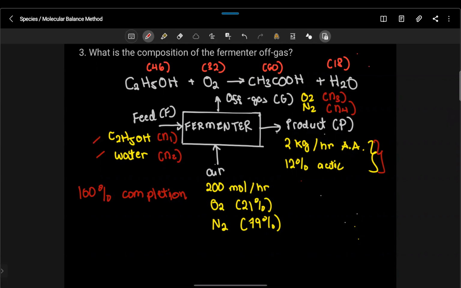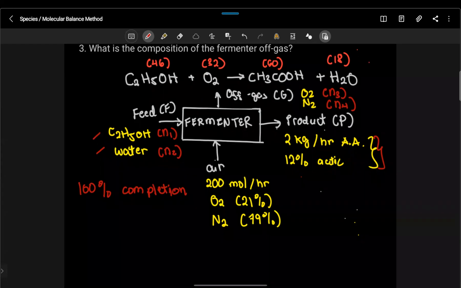So, of course, in reality, kapag ginamit na itong process na to, okay, to produce acetic acid, pwede mong sobrahan yung N1, pwedeng sobrahan yung N2, or pwede mong babaan, depende, no? But if you did that, magkakaroon na tayo ng conversion, ng yield, etc. Pero since hindi pa nangyayari itong process na to, well, 100% completion yung assumption natin. Okay? So let's proceed further.